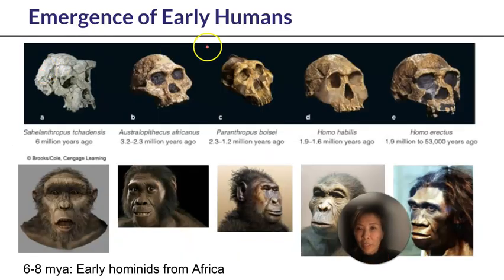So here is an example of the emergence of early humans, and our oldest known ancestor is also known as Sahelanthropus tchadensis. They were believed to exist 6 million years ago.